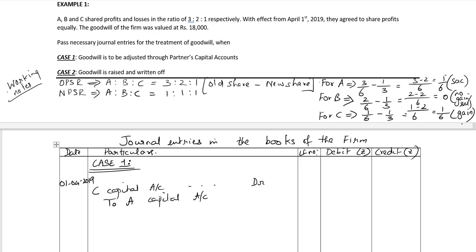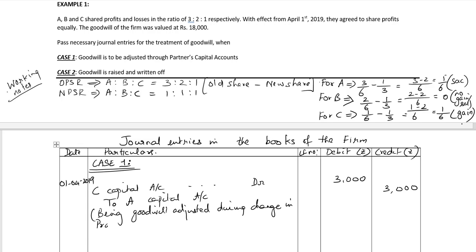It is 1/6 into the goodwill of the firm, which is 18,000. So it's 3,000 against C and 3,000 against A, being goodwill adjusted during change in profit sharing ratio.